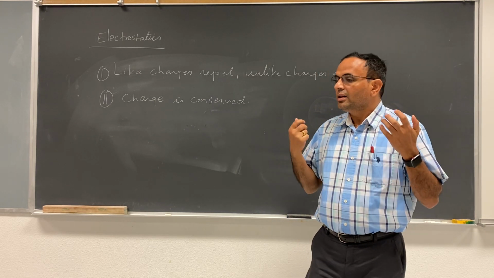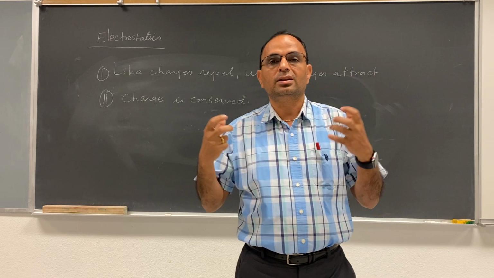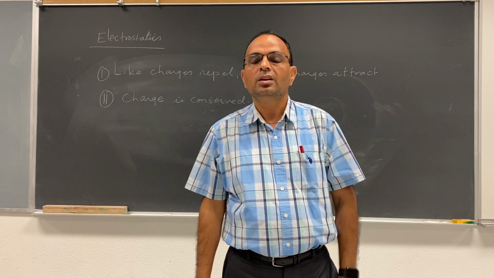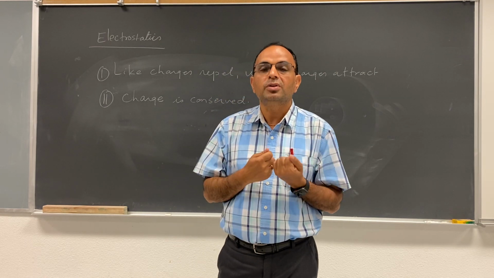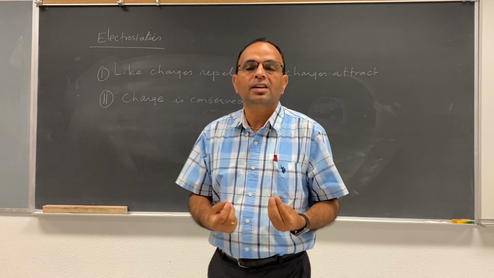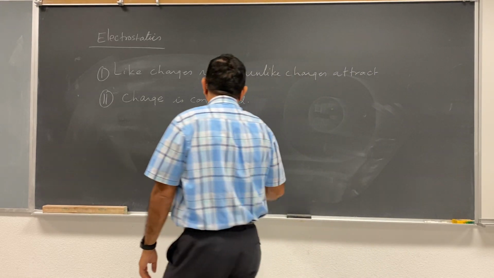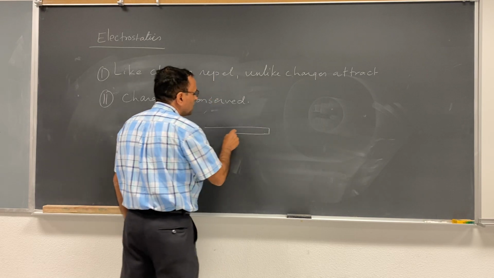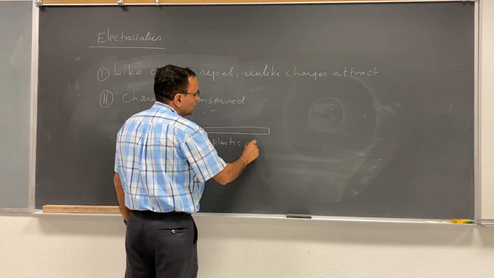Like, if you rub the plastic ruler with a paper towel, you know that the plastic ruler becomes negatively charged and the paper towel becomes positively charged. Here look at this. Let us suppose this is a plastic ruler.